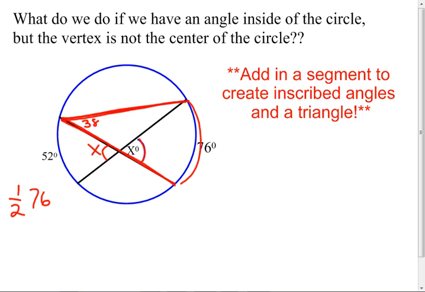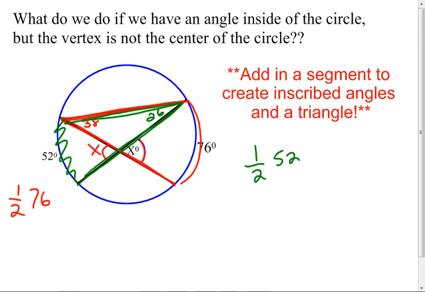I think it's 38. Now, let's go over here and focus on this one. How big is that one if this is 52? It's half of 52. 52 weeks in the year is 26.